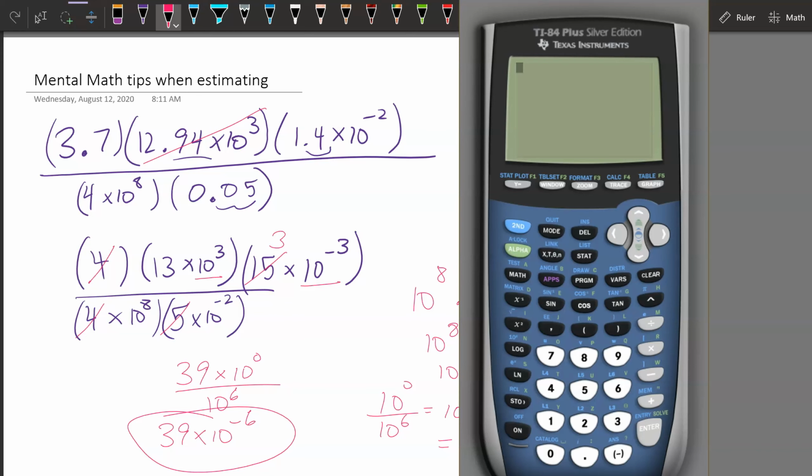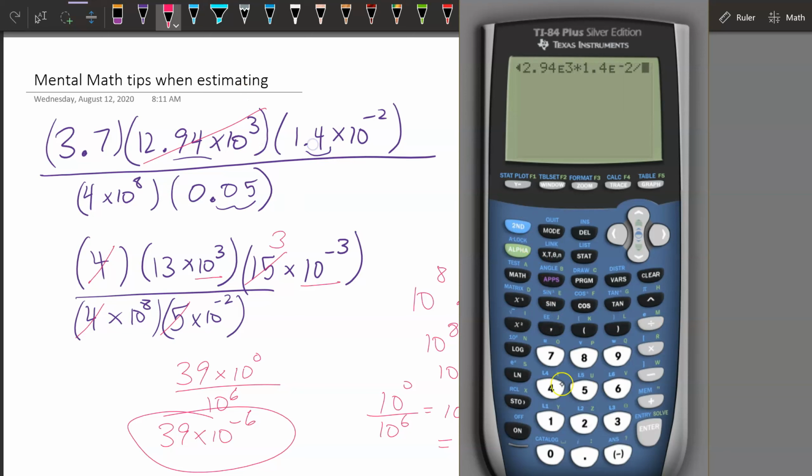If I didn't do any estimation, let's see how close I get. 3.7 times 12.94 e to the 3 times 1.4 e to the negative 2.